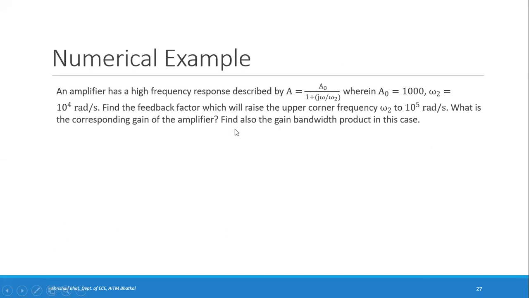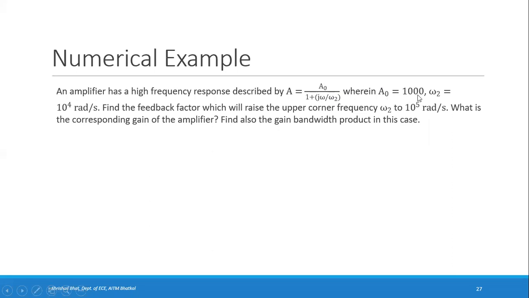It is this one. Let's try to note it down. An amplifier has a high frequency response described by A is equal to A naught divided by 1 plus j omega by omega 2, wherein A naught is the midband gain, right?